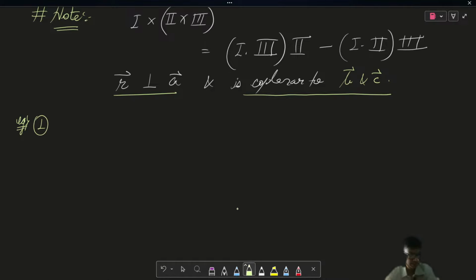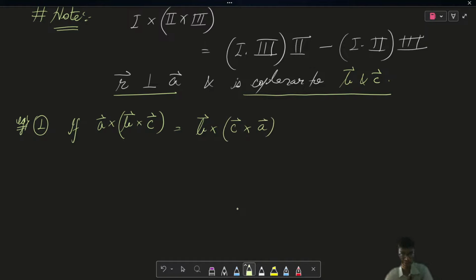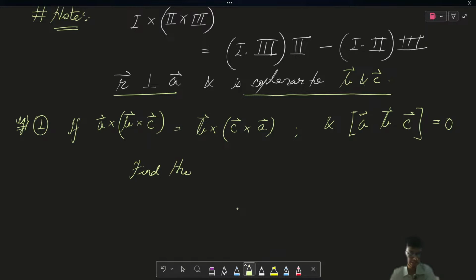Let us say that A cross B cross C is given as B cross C cross A, and A, B, C are in the same plane, that means the scalar triple product is equal to 0. If these are given, then you have to find the result of this vector triple product.